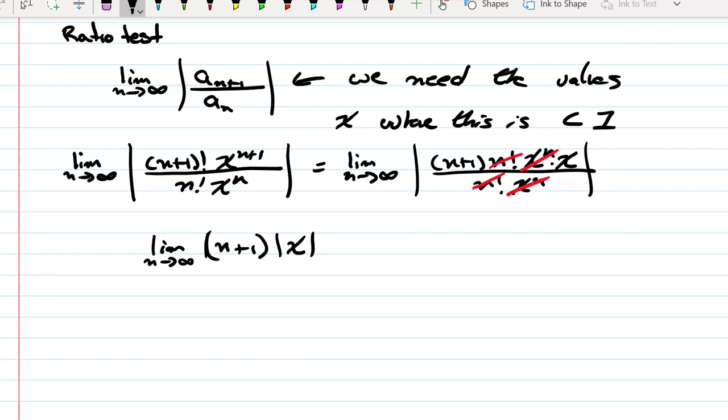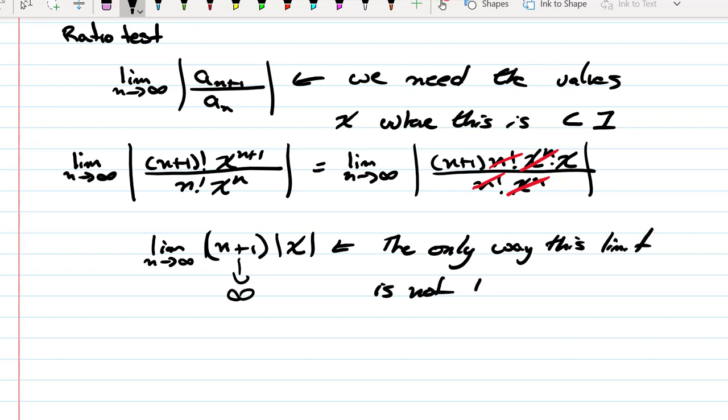And we want this to be less than 1, but we have a little bit of a problem. As n goes to infinity, n plus 1 is going to go to infinity. The only way that this thing is not going to be infinity is if x equals 0.